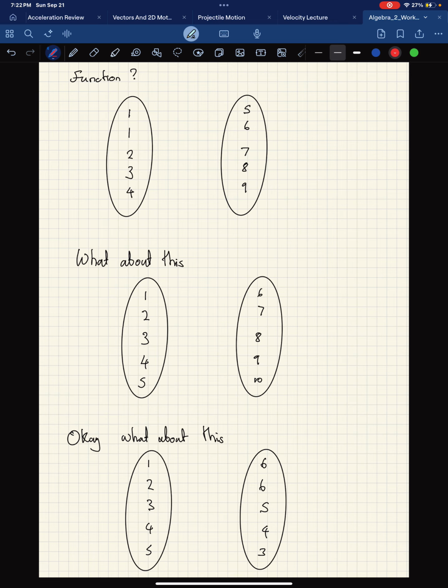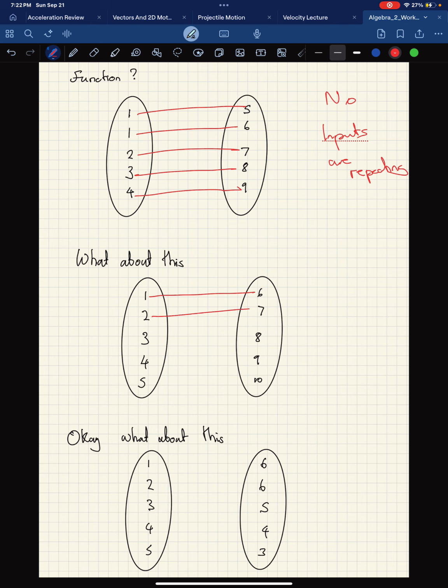So, what about this guy? You think this is a function? No. Inputs are repeating. What about this guy? Oh, I'd say so. Yeah, it's good. How about this guy?